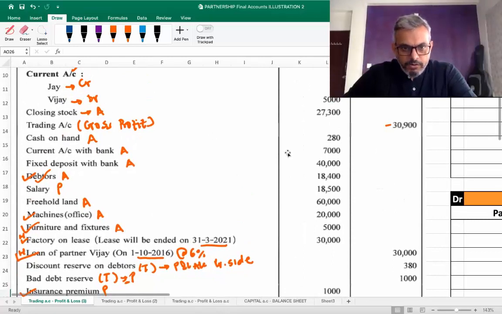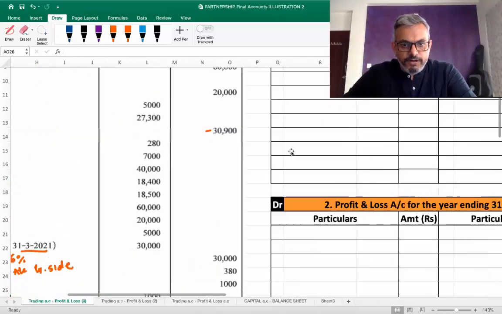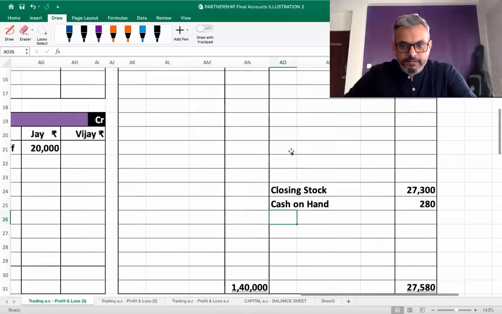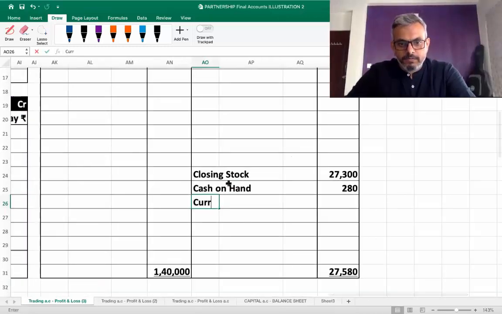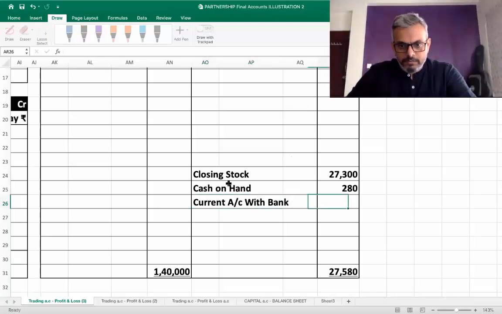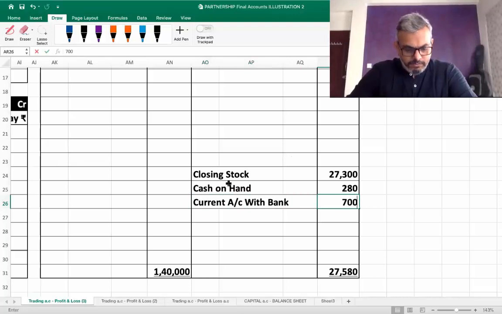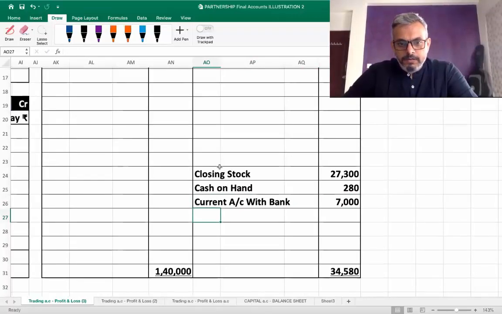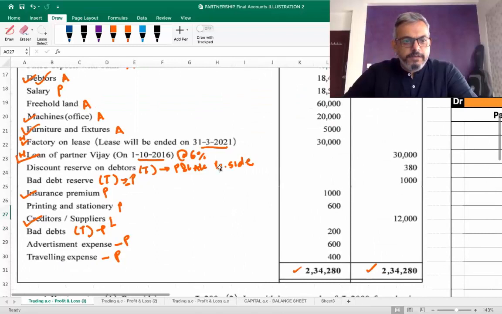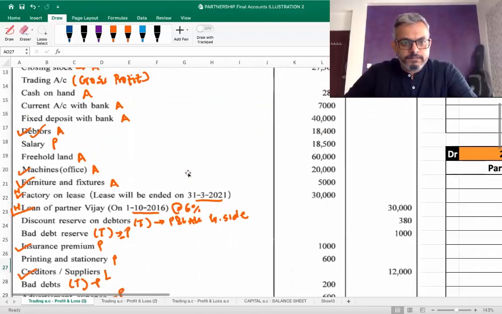Current account with the bank 7,000, again balance sheet asset. Then fixed deposit with bank is our investment.